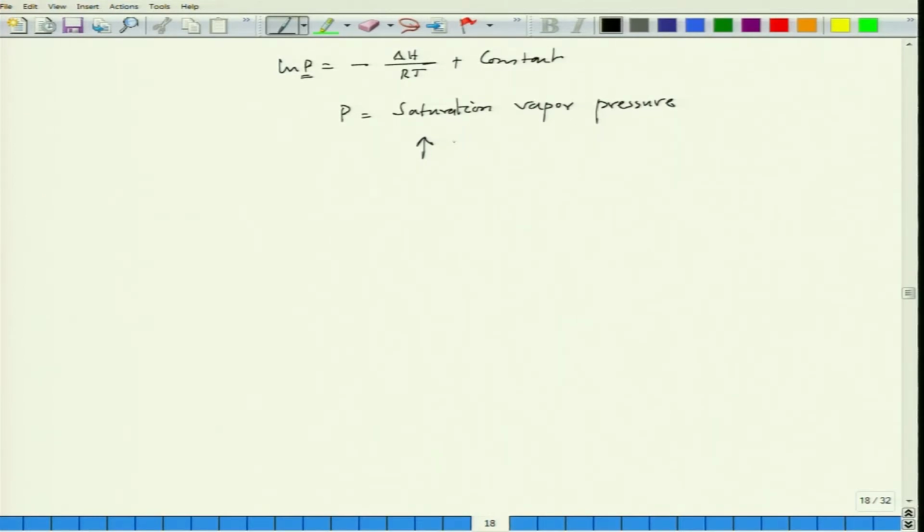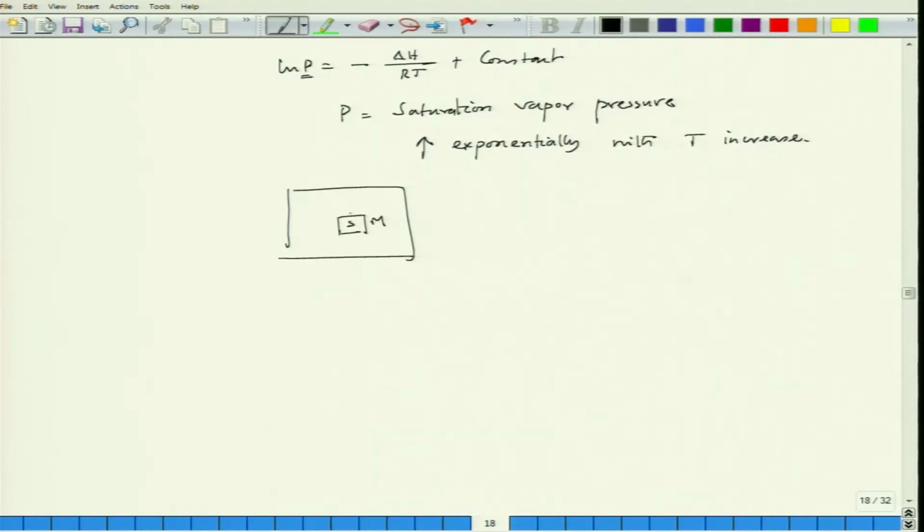So now you understand, if I have a control volume with a solid metal, and I increase the temperature of this system, the vapor pressure would increase; the saturation vapor pressure has to reach equilibrium, but its own vapor pressure would go up exponentially.